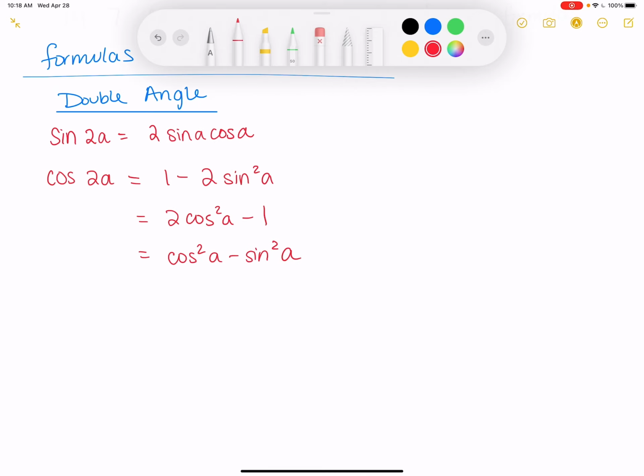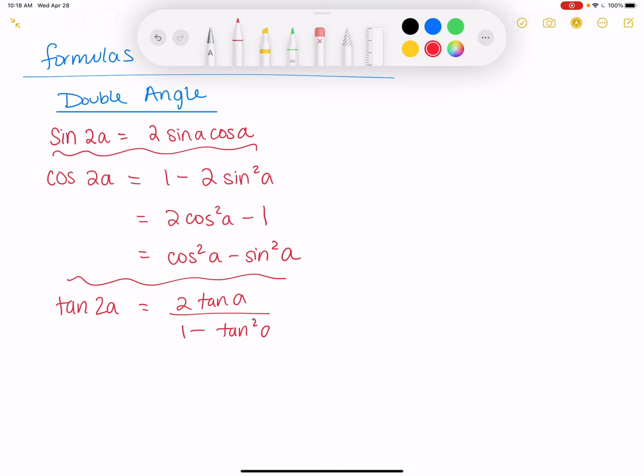And then do this to break them off. Tangent of 2a is equal to 2 tangent of a over 1 minus tangent squared of a.